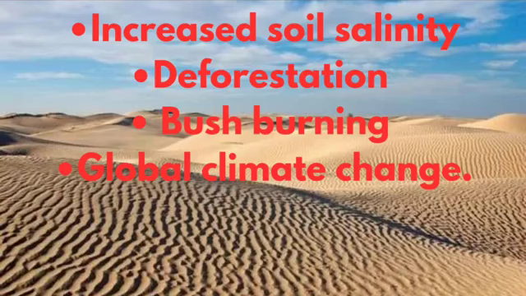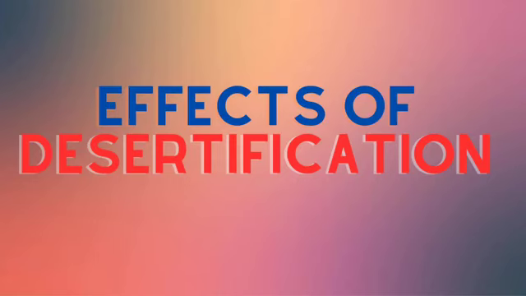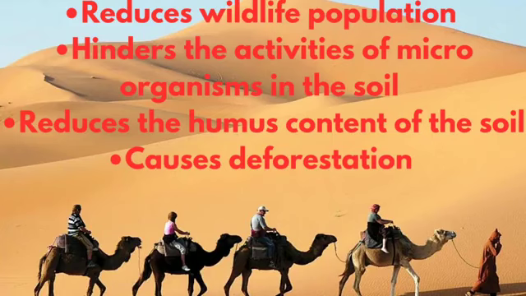Now let's look at what effects desertification has on our land. The following are some of the effects of desertification. It reduces wildlife population in the areas affected. It hinders microorganisms' activities in the soil.